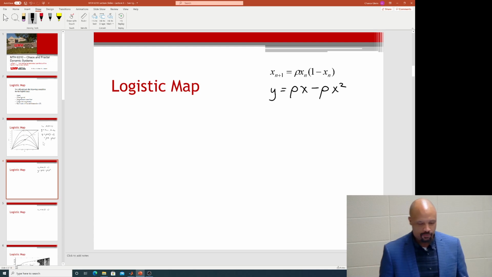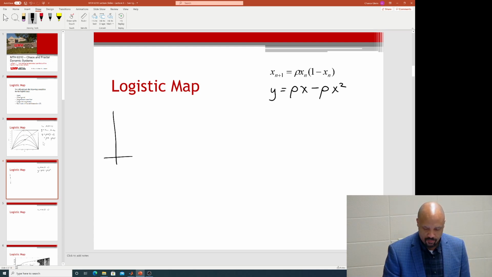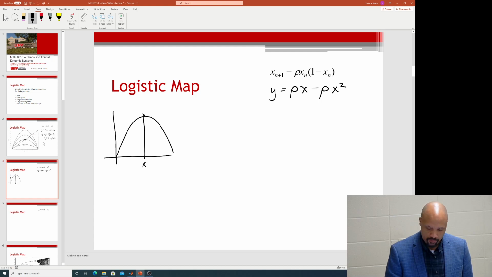So we want to first find the apex, the point where the peak resides. Where is that? We call it x, and I'll call it x of a since we called it apex. What is that value y sub a for any value of rho?